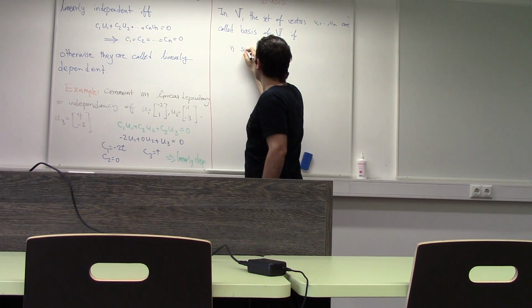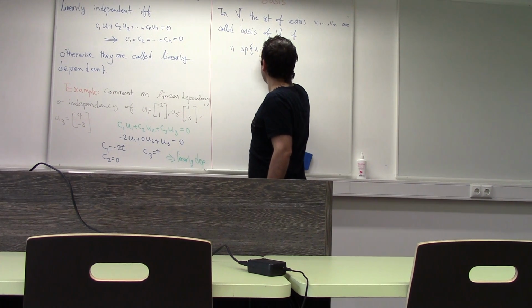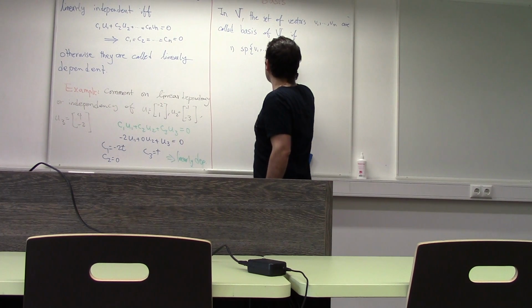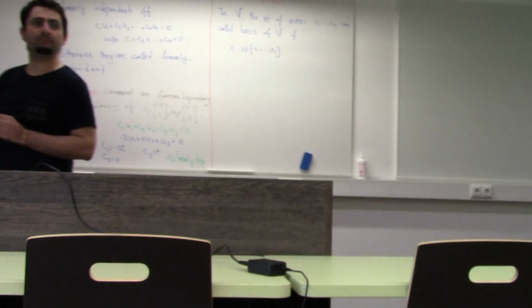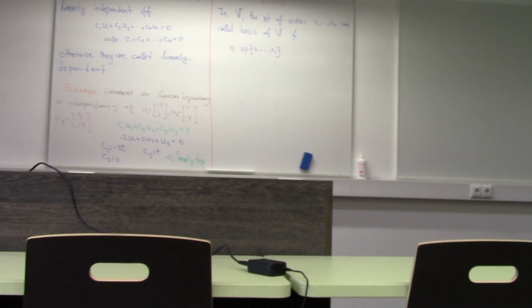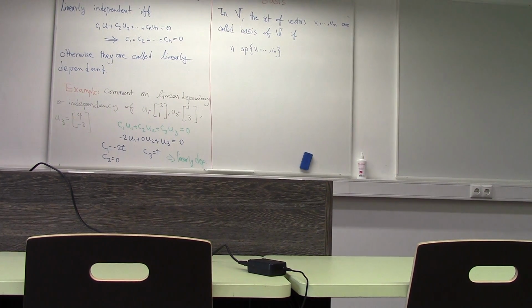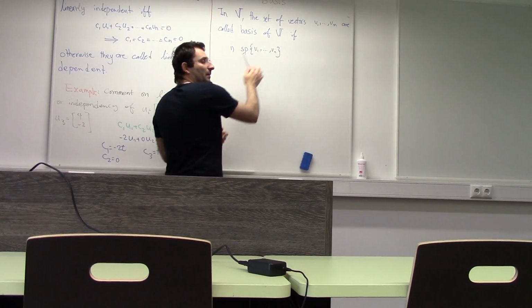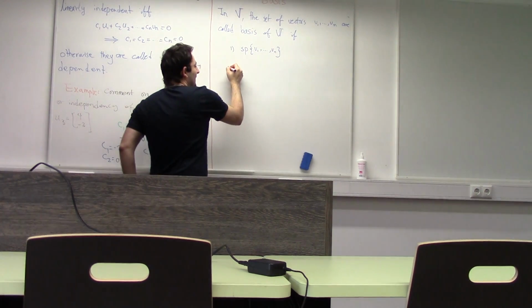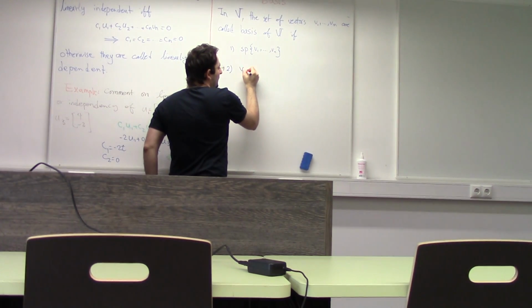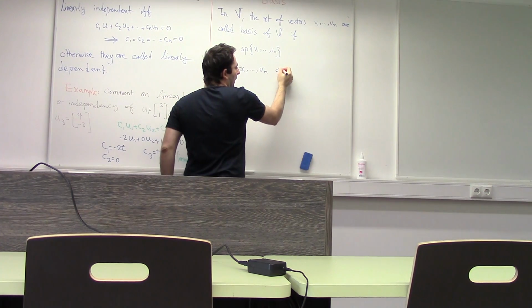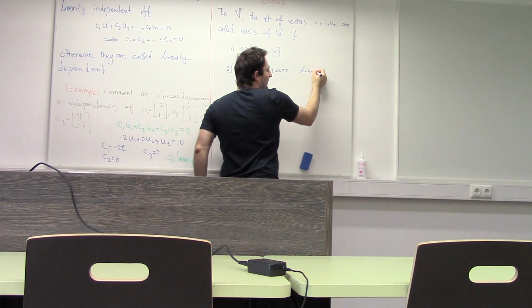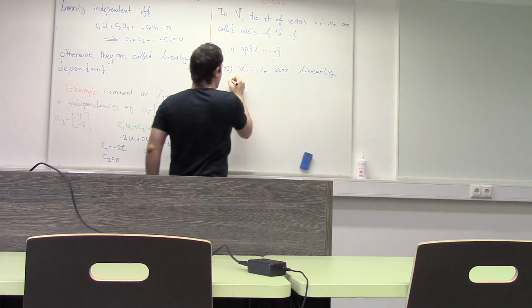One, V1 till Vn are spanning V. In other words, V1 till Vn belong to V, and any vector in V can be written as a linear combination of all the V's. Second thing is that V1 till Vn are linearly independent.